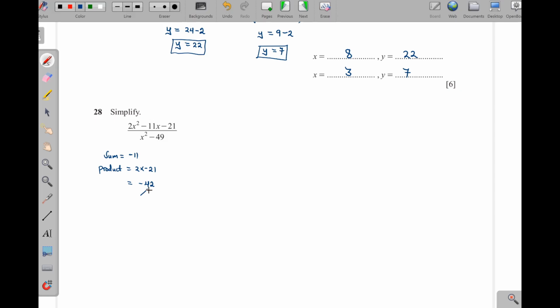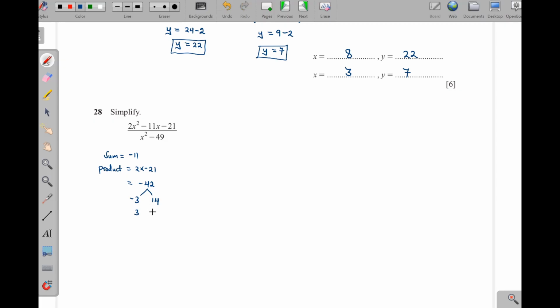Now, how do we get 42? 42 can be 2 times 21. That one cannot give us this. Then we also have 3 times what? 3 times 14. Yes, we can have 3 and 14. They can give us an 11. So since this one is a negative, that means one of the numbers is a negative. So we can have a negative here, and then we leave this one positive.